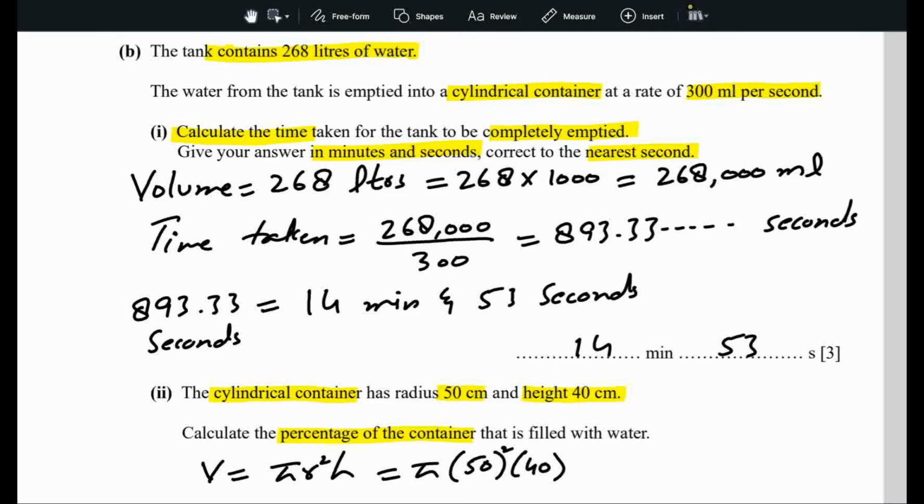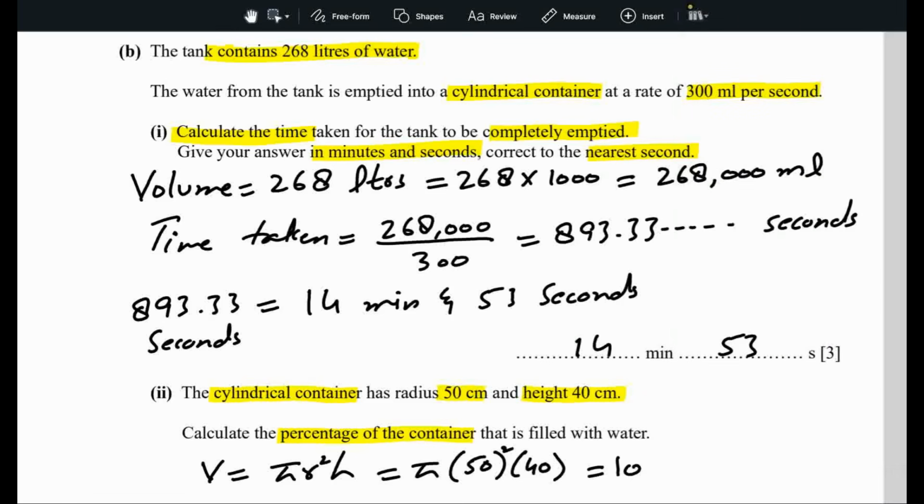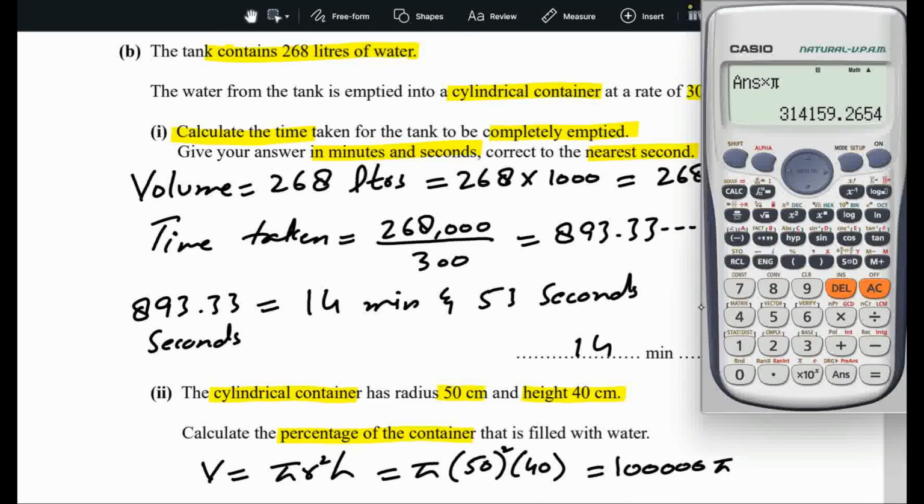You can use the calculator: 50 square multiply by 40 multiply by shift pi. So this will be equals to 1 and then 5 zeros pi. And if we convert it into a decimal number, this will be the number.